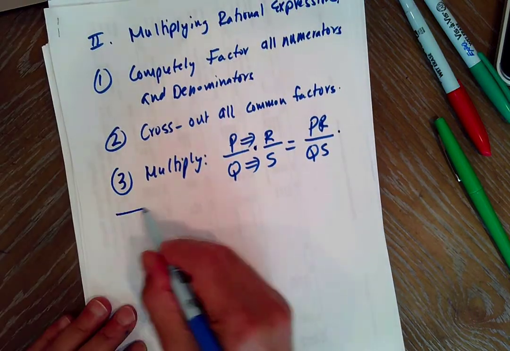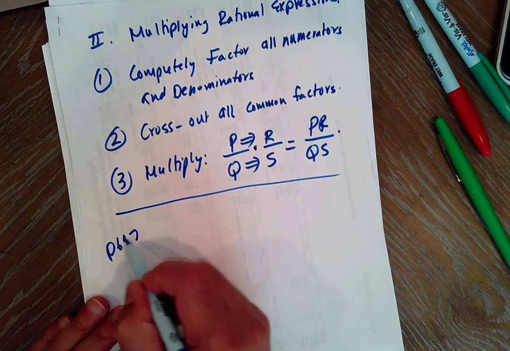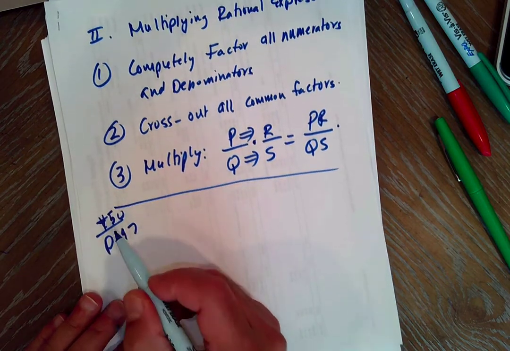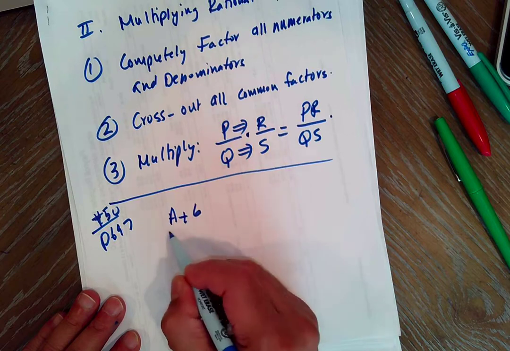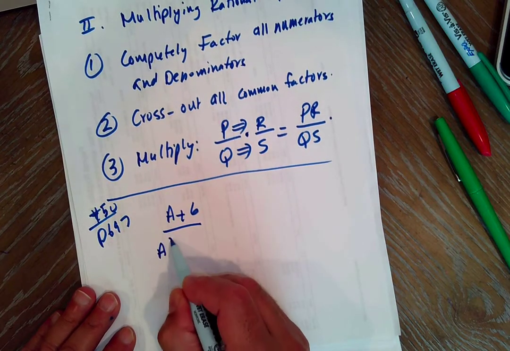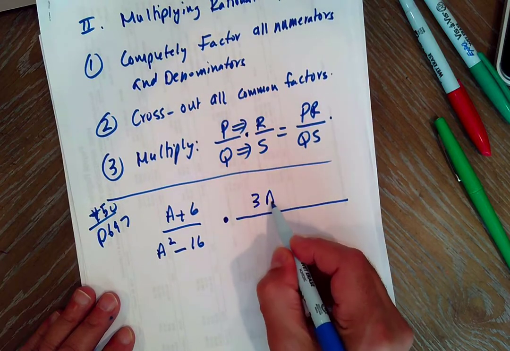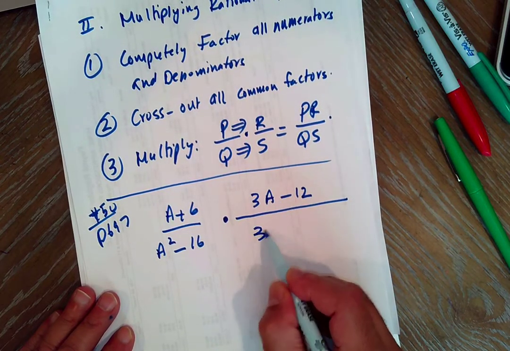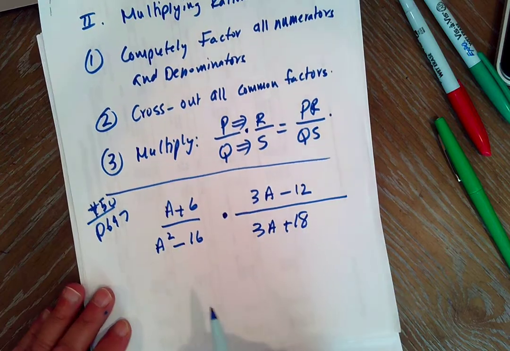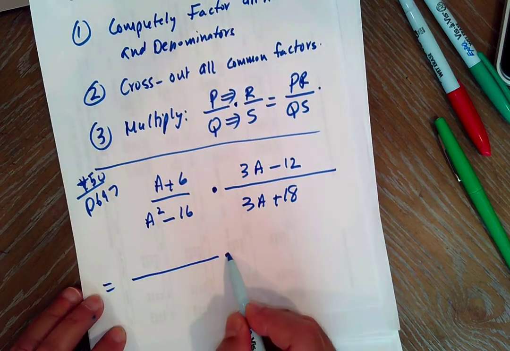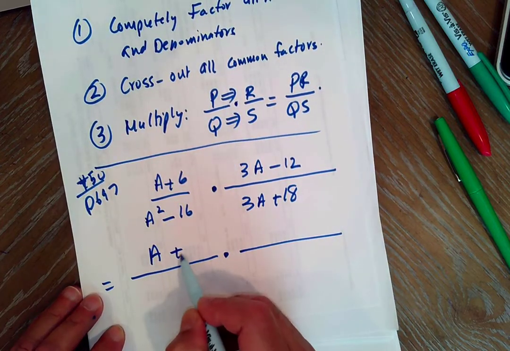Page 697, number 50. So you can see nothing can be done without knowing all the factoring techniques. A plus 6 over a squared minus 16 times 3a minus 12 over 3a plus 18. All right, so let's see what we can factor. A plus 6 is prime.